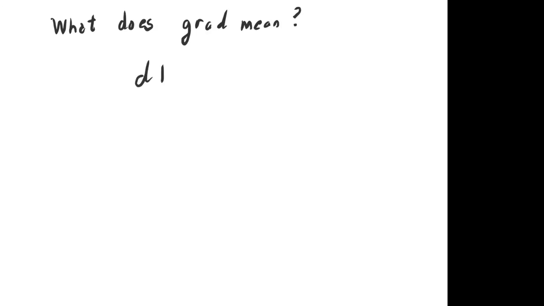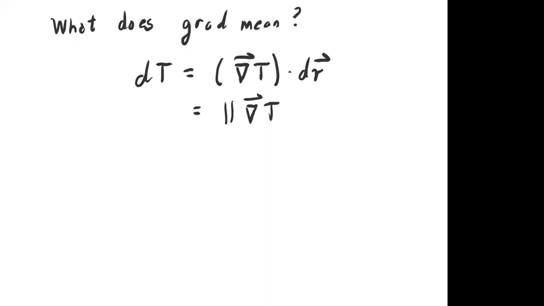The change in the temperature of the room is just the gradient of the temperature dotted into a differential vector, dr. I know how to take the dot product of vectors, and in this case, it's just the magnitude of the gradient of T times the magnitude of dr times the cosine of the angle between them.